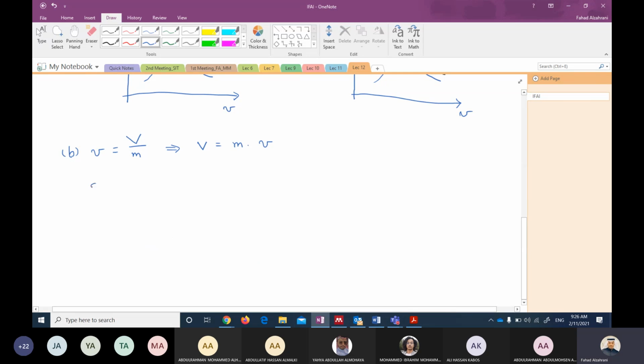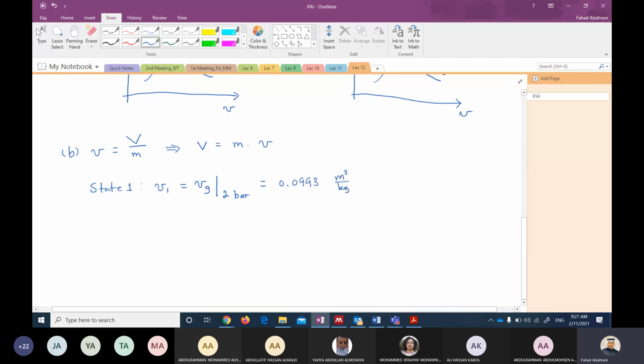Do it at state 1. What is the specific volume? 0.0993, which is the VG at 2 bar. Okay, VG at 2 bar equals 0.0993.